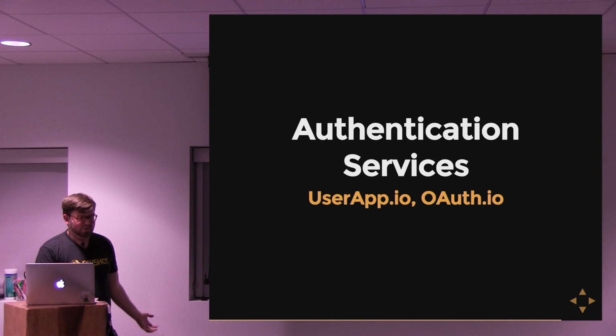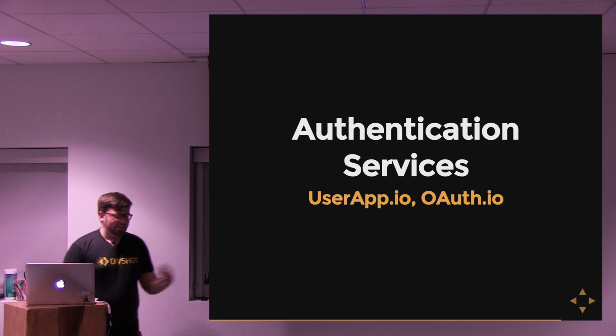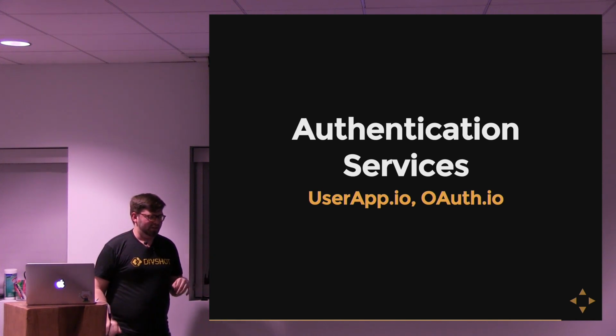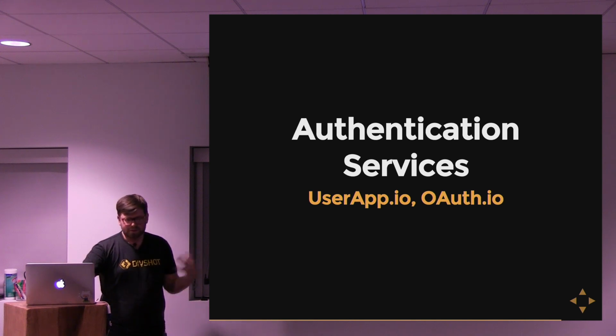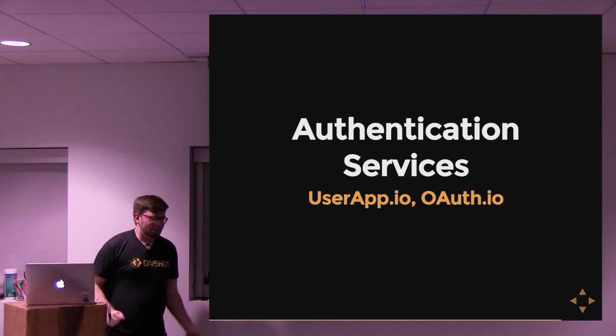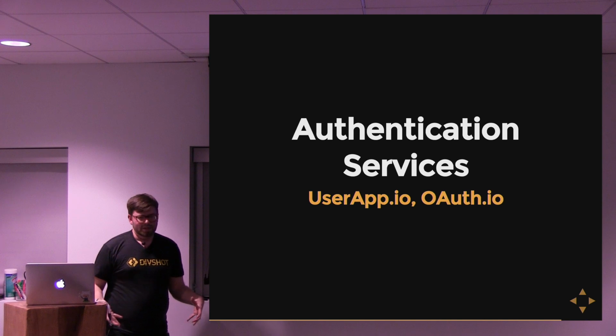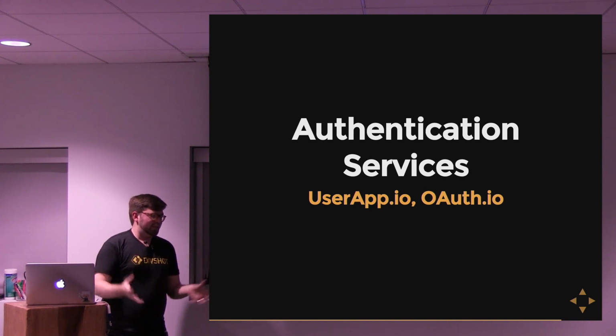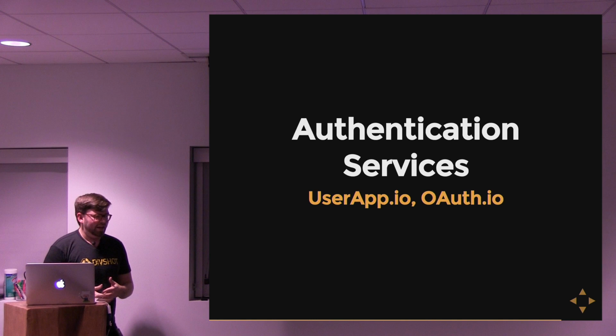Authentication services, so you can do user authentication using userapp.io, oauth.io. You can make API calls even to services that don't normally support CORS using oauth.io. So there are these services cropping up where it's basically drop a JavaScript file into your HTML, and now you have some section of backend functionality that you didn't have before.